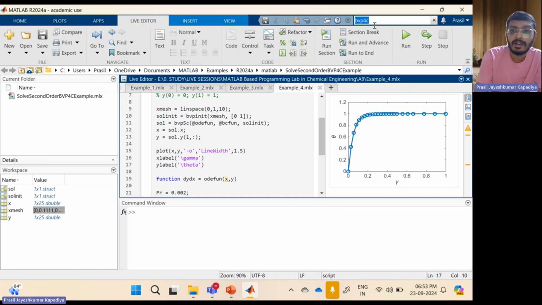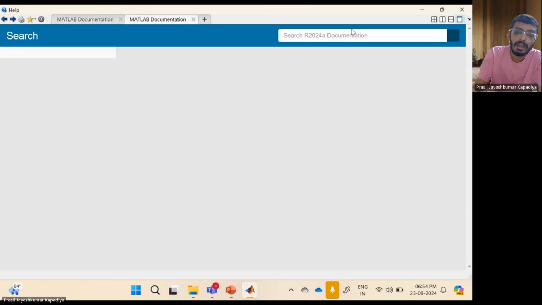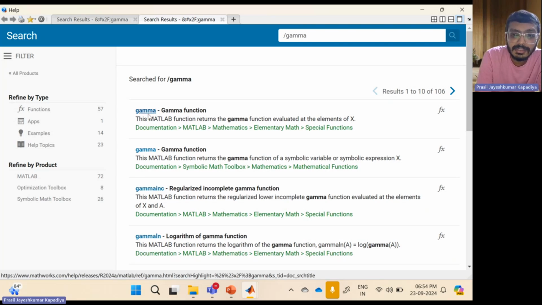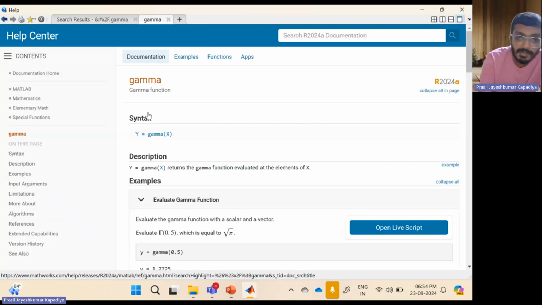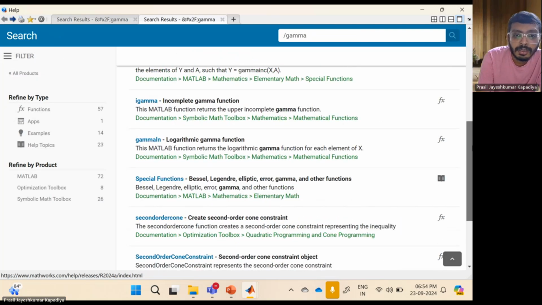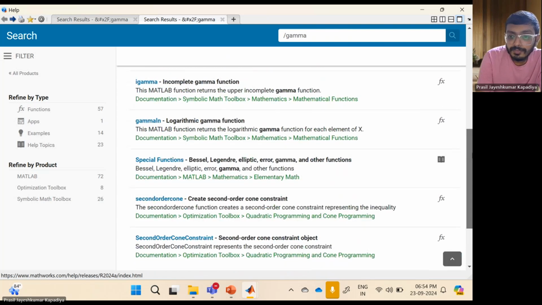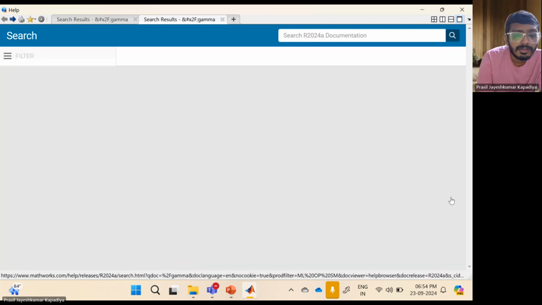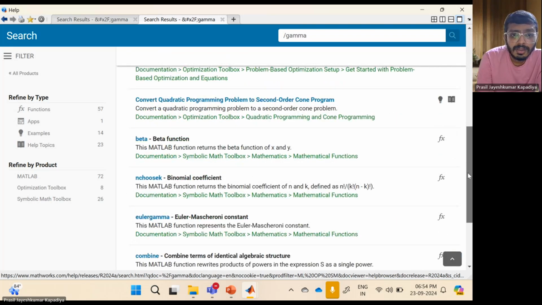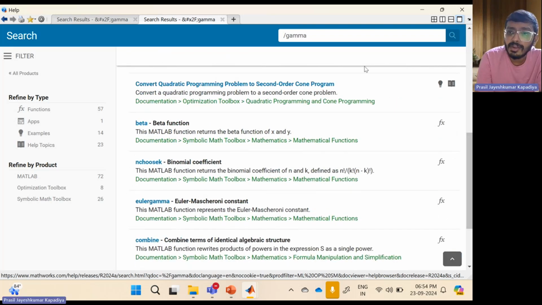So if we see here, I'm just typing dot slash gamma and I want to see what I'm getting. Not this thing. These are showing a mathematical function. I don't want to see a mathematical function. This is the beta function, but I don't want it like this.